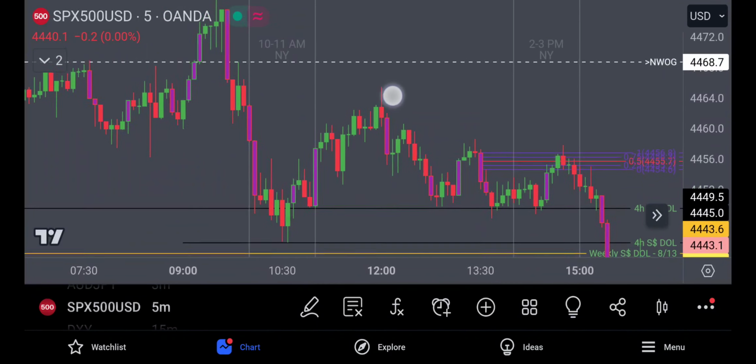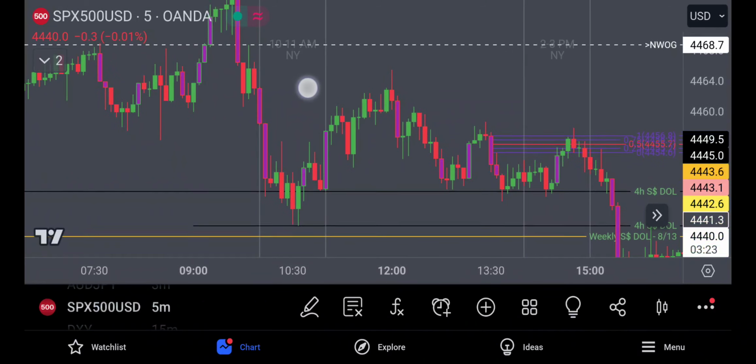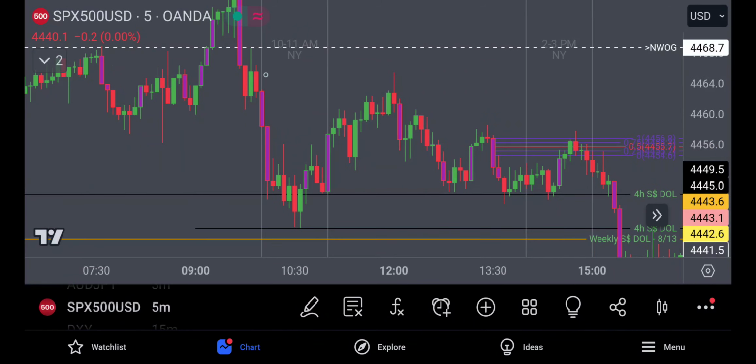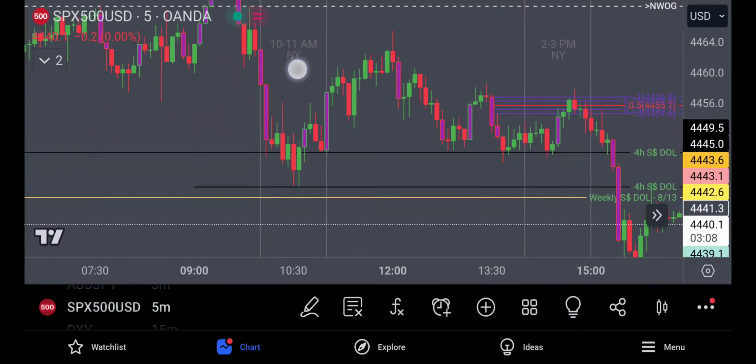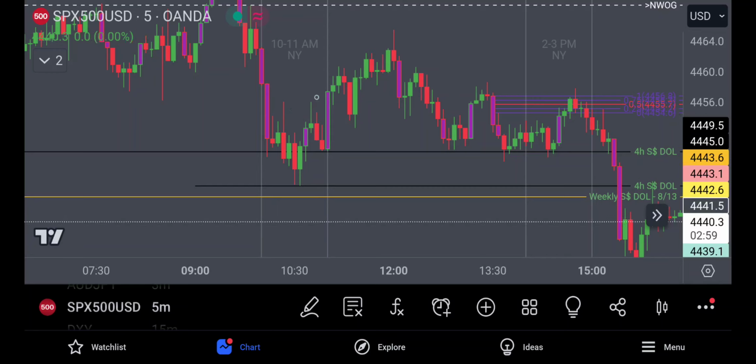Let's see if this gives us the same thing. So here's 10 a.m. to 11 a.m. Now we're looking for price to trade within an FVG. So we come here, and price trades within this FVG here.